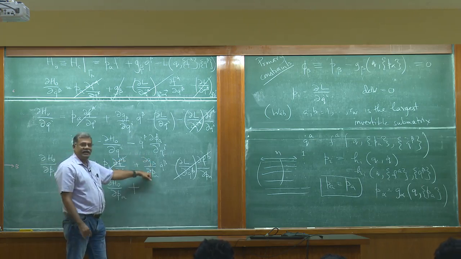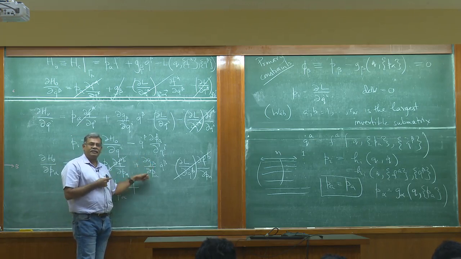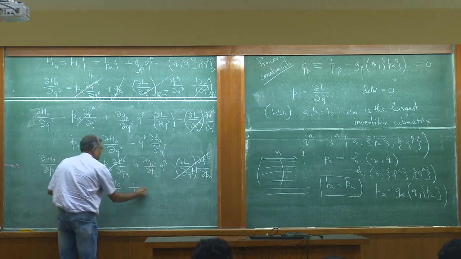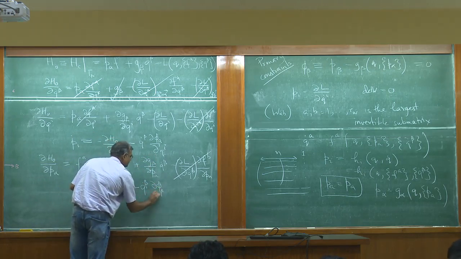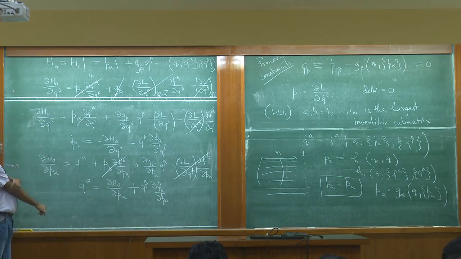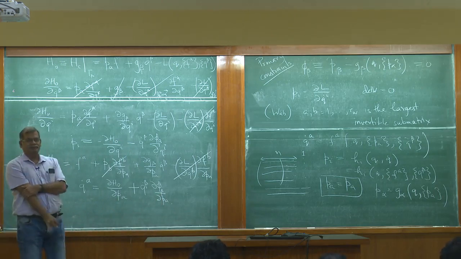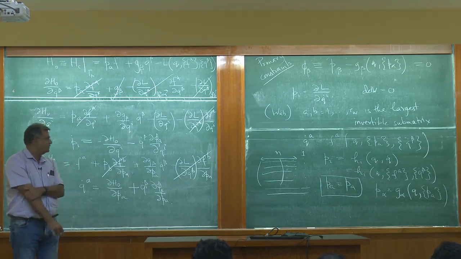Again, remember G beta has a P beta, but P beta is independent of PA. It's only the minus G beta term which contributes. So this gives you Q dot beta del phi beta del PA. So you actually get to see something which is like the canonical equation, except that you have two additional pieces.